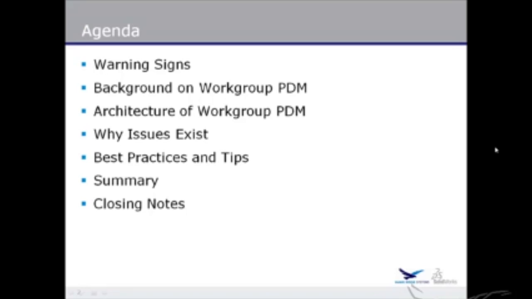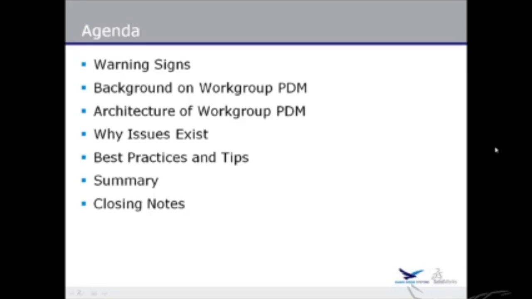But the first thing we're going to do is go through some of the warning signs, just so you know what's coming. Then, in order to really understand why these things are happening, we're going to talk a little bit about the background of Workgroup PDM and a lot about the actual architecture of how the program works, because that architecture is where these issues arise from.